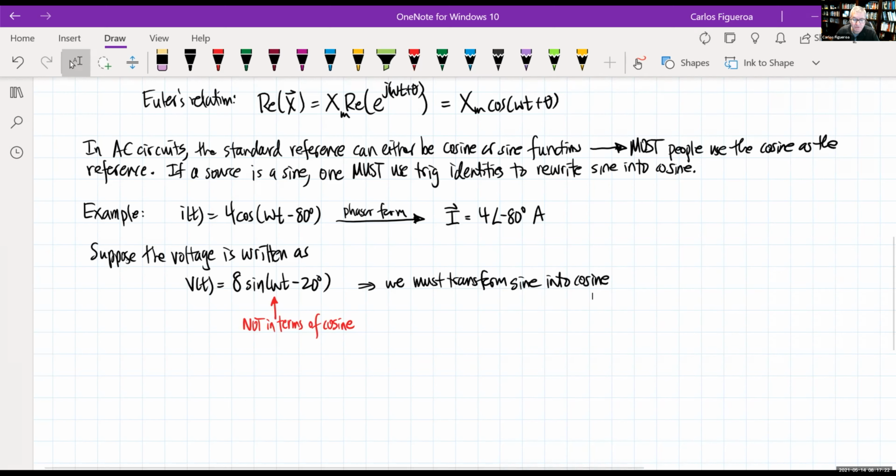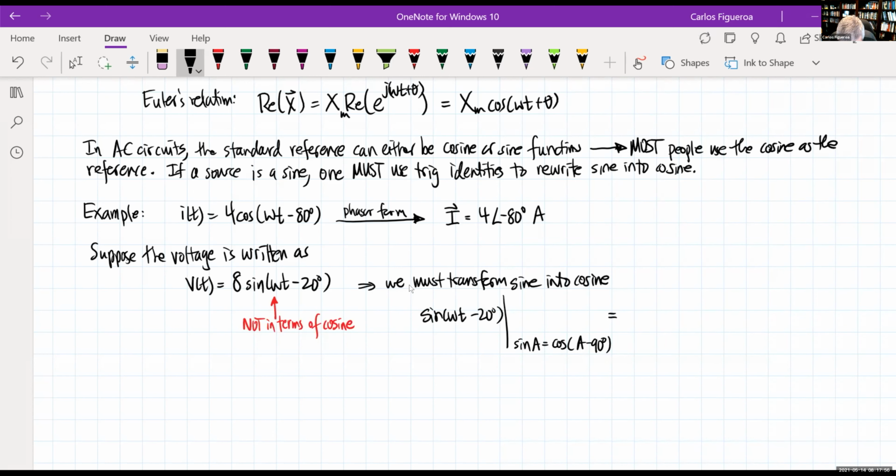And so what we'll do is say, we know that the phase between sine and cosine is 90 degrees. So I can write it like this. I have sine(ωt minus 20 degrees), and I know that sine of A is cosine of (A minus 90). I could have chosen plus; it doesn't really matter here.